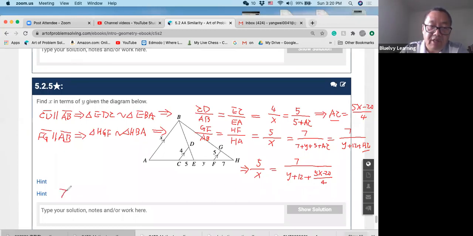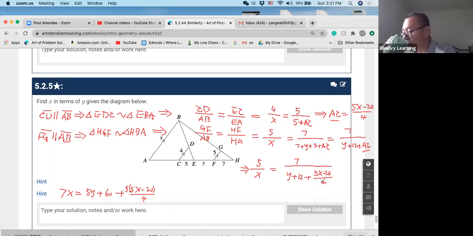We can get 7x equals 5y plus 5 times 12, 60, then plus 5x minus 20 divided by 4. Then this one also needs a times 5. You need to use 5 times each term, okay? Some students forget and only use 5 times the first term, maybe the first 2 terms. You need to use 5 times all terms here.